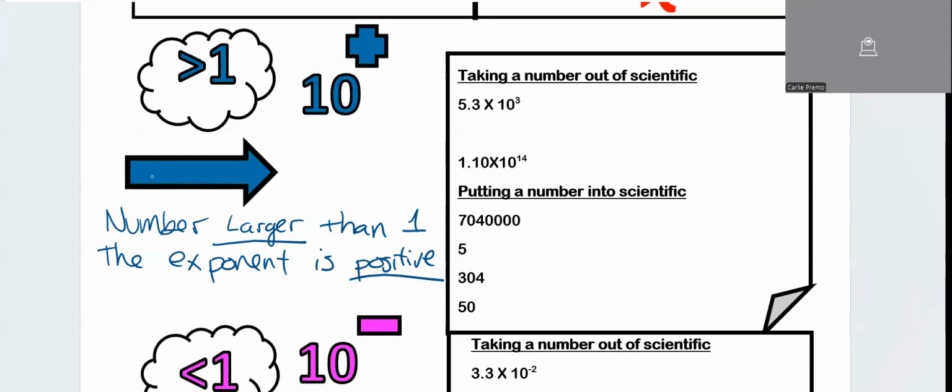So what this means is any number that's over 1, think about it like money. If it's more than $1, it would have a positive exponent, regardless of if it's $7 billion or not. Positive exponent because it's over 1. So that when I make the number or when I put it in scientific notation, I know that those two things have to be true.